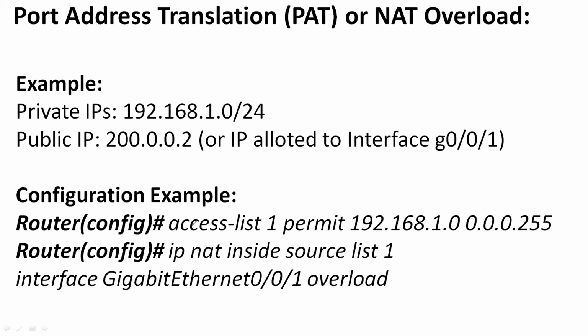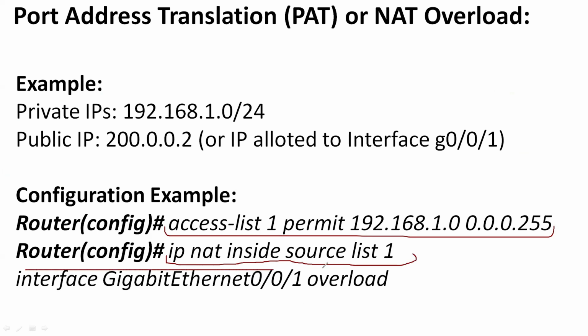Then create an access list permitting all the private networks, define which one is inside and which one is outside, and then overload that on the access list. Okay, let's do the configuration.